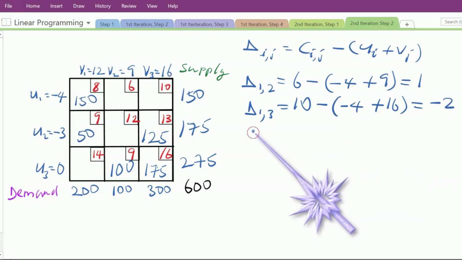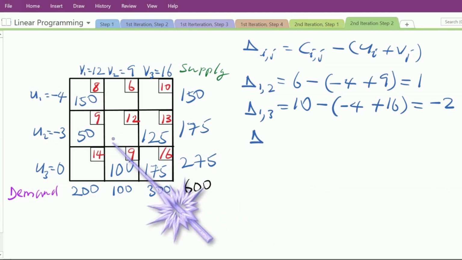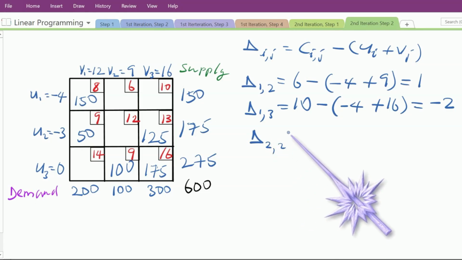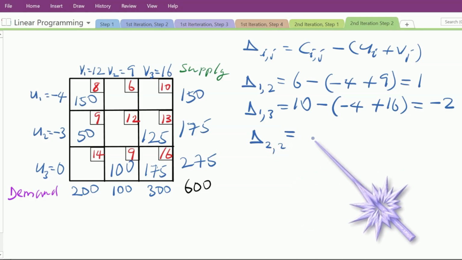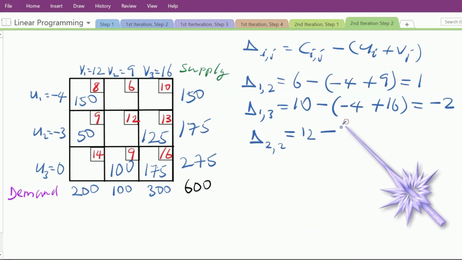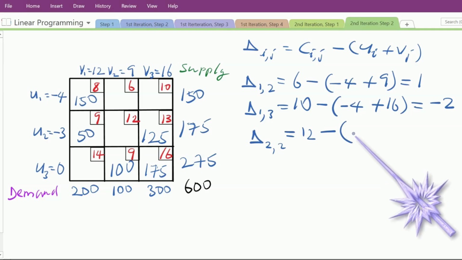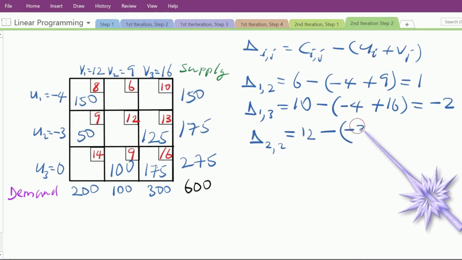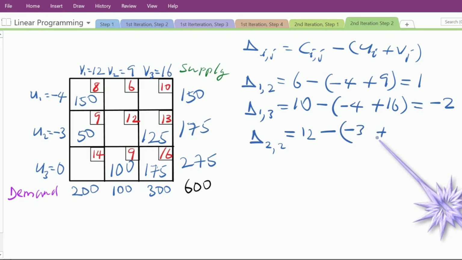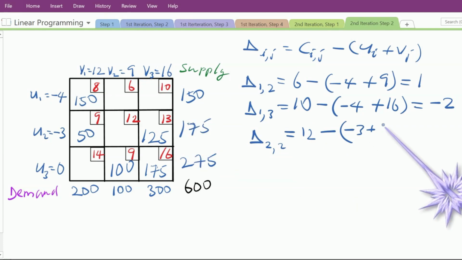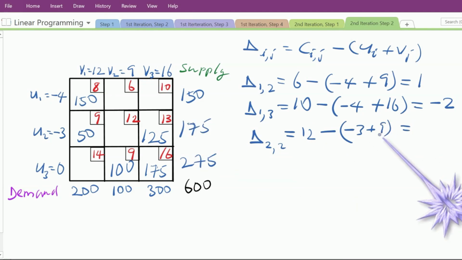The next one is delta 2, 2. That will be equal to 12 minus bracket open U2, which is 3, plus V2, which is 9.